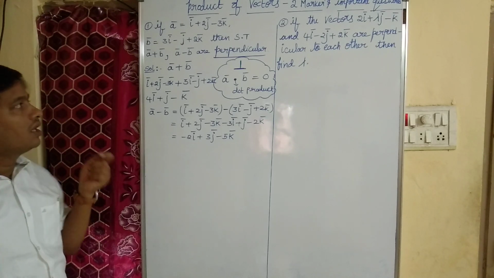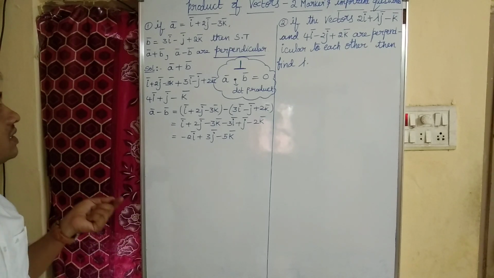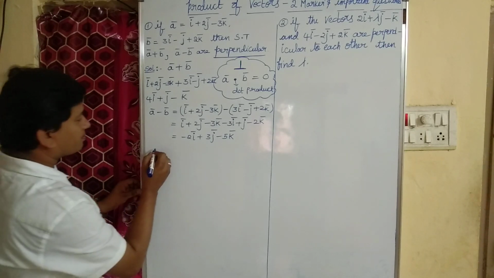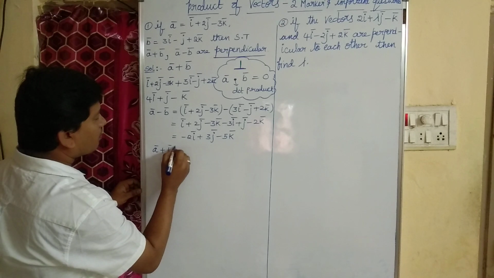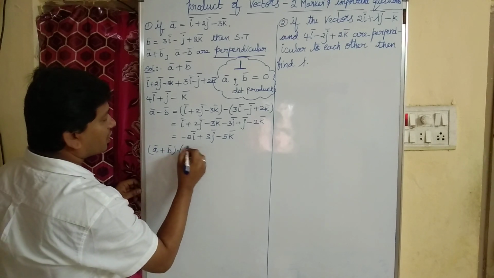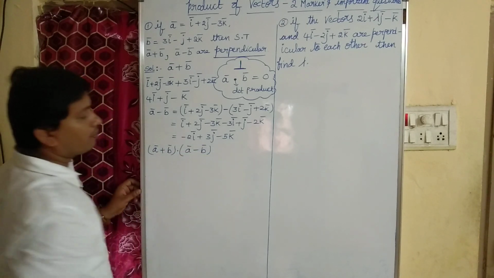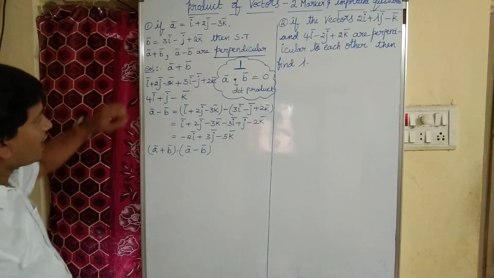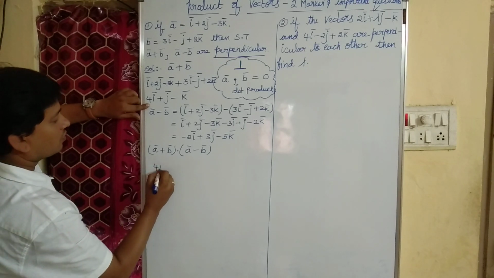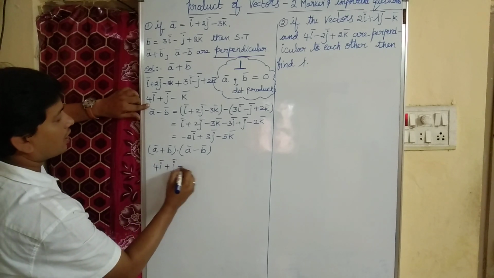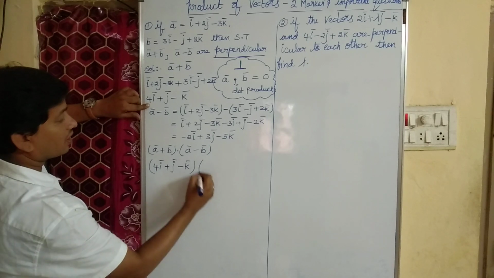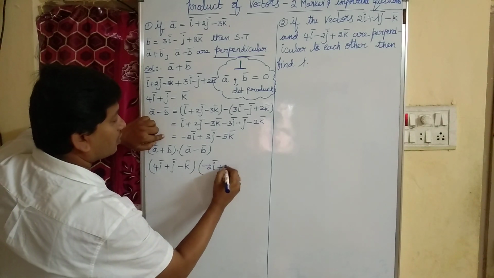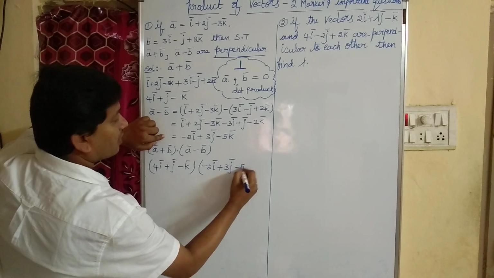So this is A bar plus B bar and A bar minus B bar. We need to show that they are perpendicular. Perpendicular in the sense that the dot product of A bar plus B bar and A bar minus B bar must be equal to 0. As we got, A bar plus B bar is 4I bar plus J bar minus K bar, into A bar minus B bar, which is minus 2I bar plus 3J bar minus 5K bar.